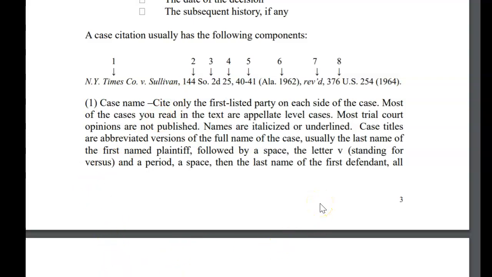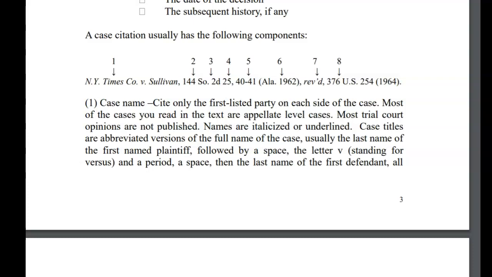What follows is the volume number of the official reporter, if any. That's our number 2. Again, the reporter volume number. Number 3 is the reporter abbreviation.